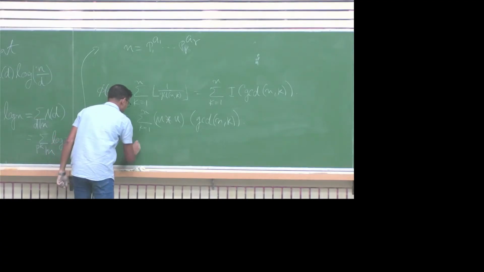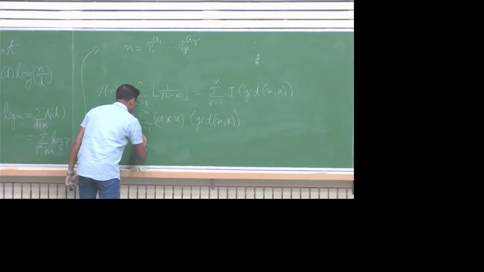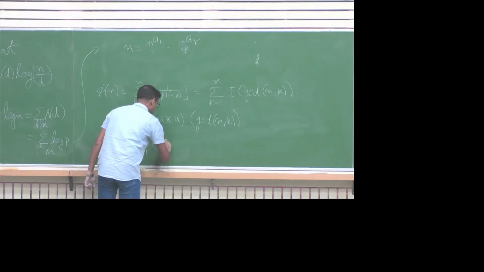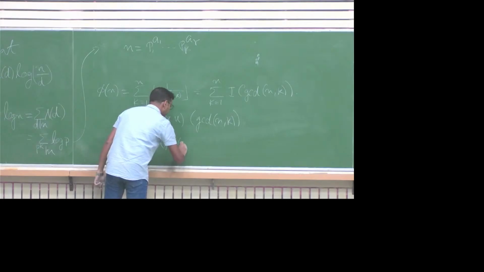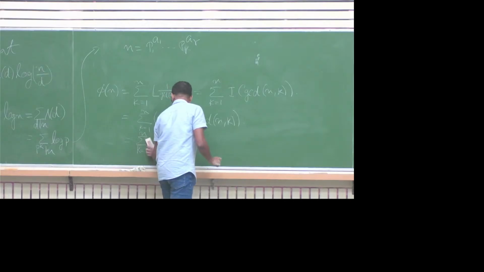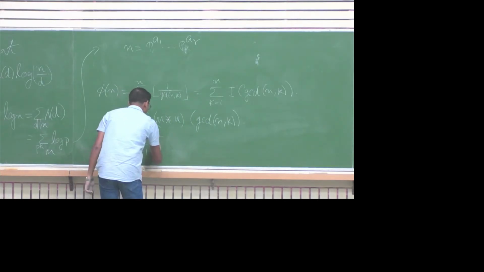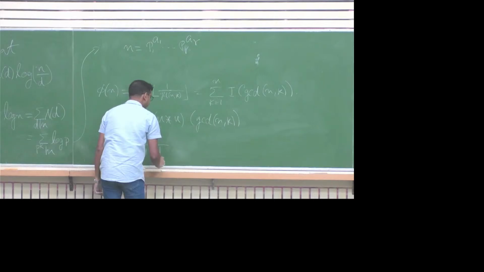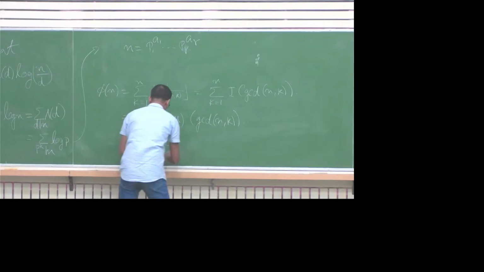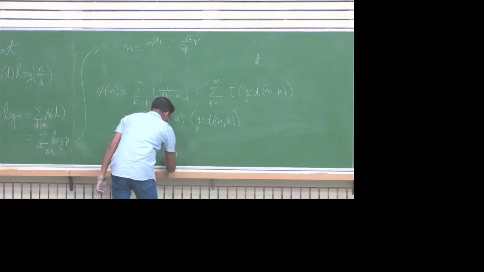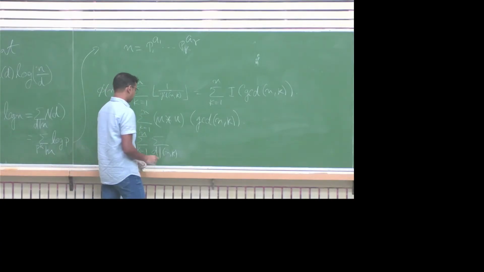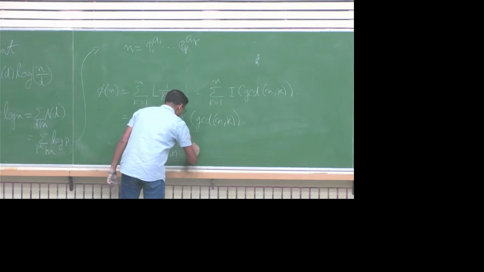So this is summation k running from 1 to n, of the summation over d dividing GCD of n comma k, of mu d.